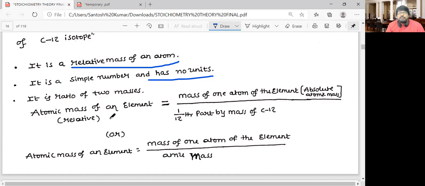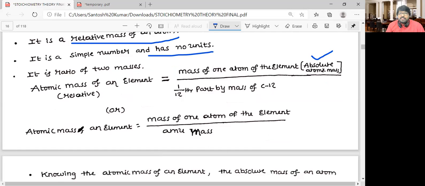So relative atomic weight is numerically equal to the absolute atomic weight divided by 1/12 part of C12 isotope, which is called AMU weight, AMU mass. So atomic mass of an element, when nothing is mentioned, is relative only, on the IUPAC scale. So the mass of one atom of the element is nothing but the absolute mass divided by AMU mass.